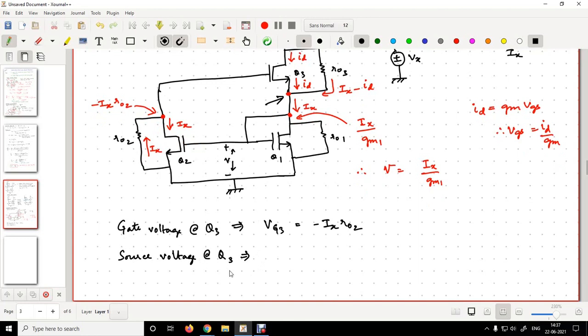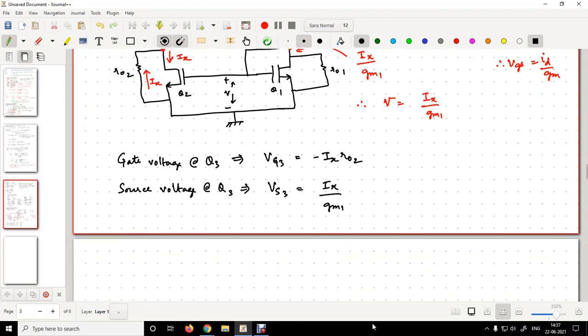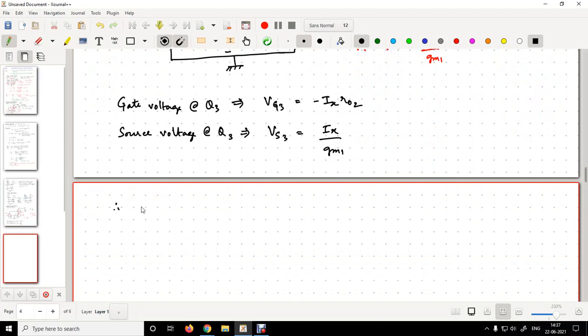So that is Ix by Gm1. So Vs3 is Ix by Gm1. Therefore, Vgs3 is Vg3 minus Vs3, which is minus Ix R02 minus Ix by Gm1.